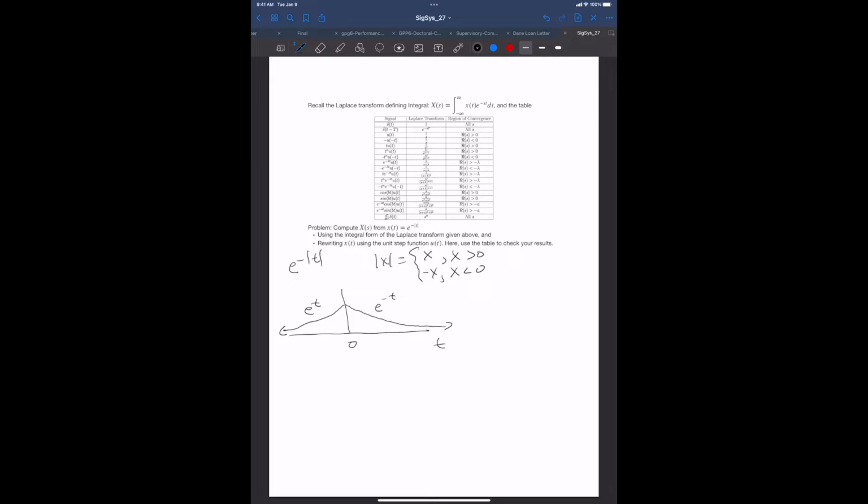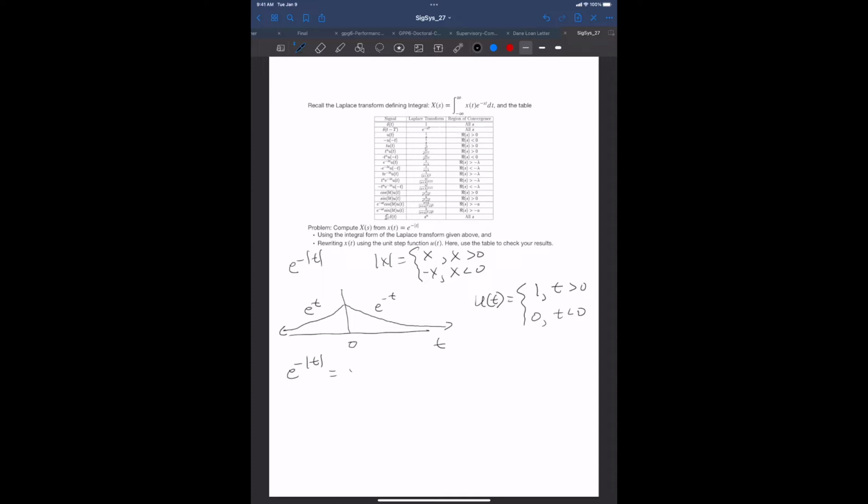This can be written in a different fashion if we use the fact that u of t itself, the unit step function, is equal to 1 when t is positive and 0 when t is negative. And thus, e to the minus absolute value of t can also be written.